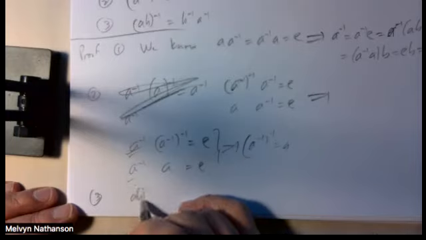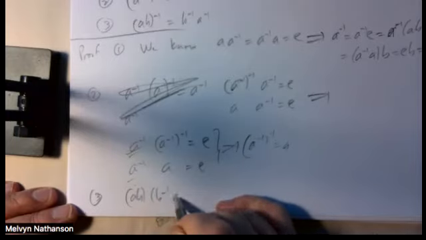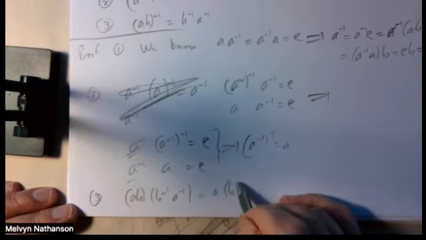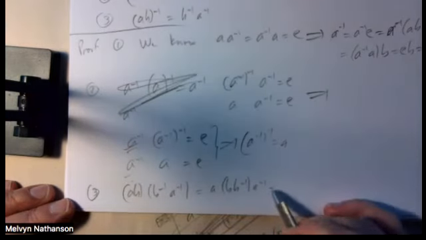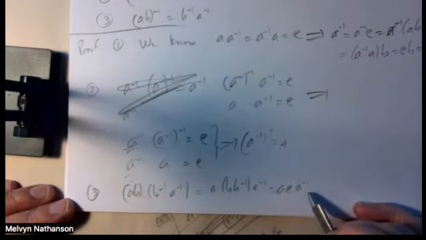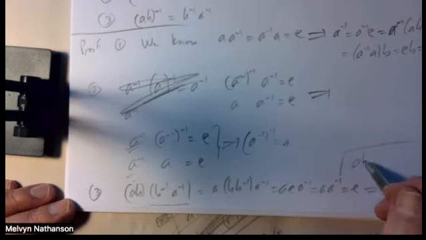If I take AB times B inverse A inverse, it's the same as A times BB inverse A inverse by associativity. But BB inverse is the identity. This is A A inverse, which is the identity. Which means the inverse of AB is B inverse A inverse.